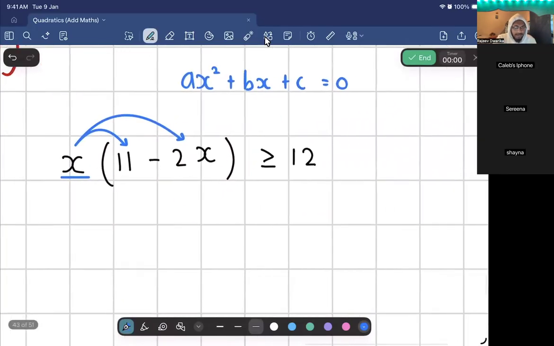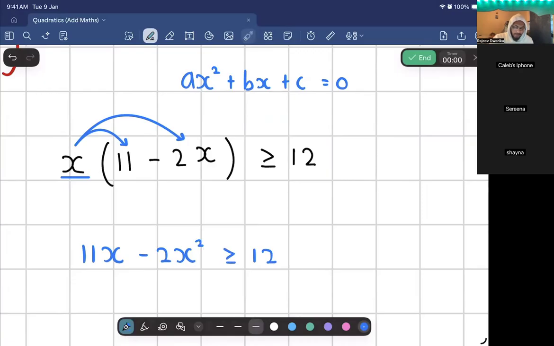So what is x by 11? 11x. Okay, what is x by minus 2x? Minus 2x squared, you're correct. And that is more than or equal to 12.